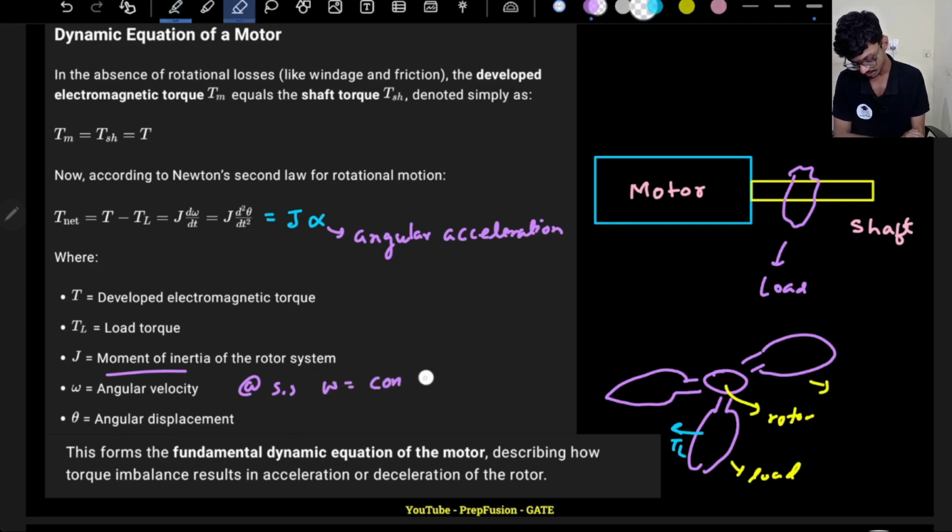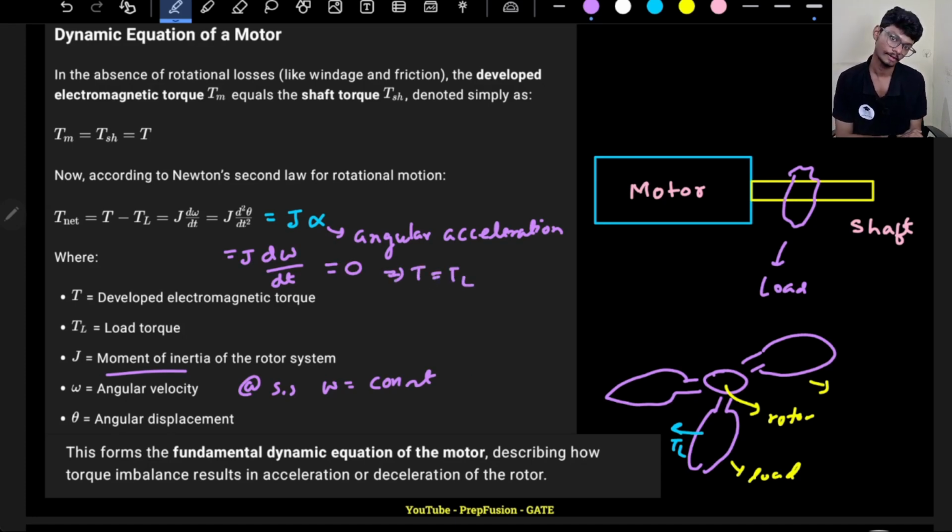If angular velocity is constant, then d square theta upon dt square can also be written as d omega by dt, so if omega is constant, d omega by dt is 0. Hence the net torque will be 0. That means at steady state, the developed torque will be equal to the load torque. This is what we know.